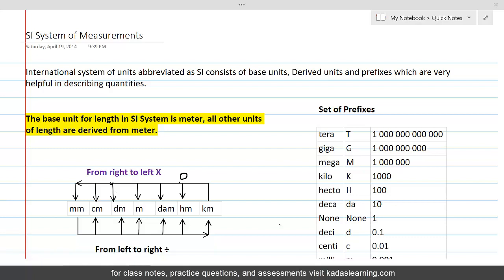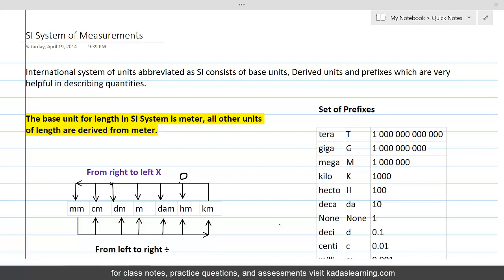If we divide a meter into 10 equal parts, each part of the meter will be called a decimeter. If a decimeter is divided into 10 equal parts, then each part of the decimeter will be called 1 centimeter. And if we divide a centimeter into 10 equal parts, then each part of the centimeter will be called 1 millimeter.